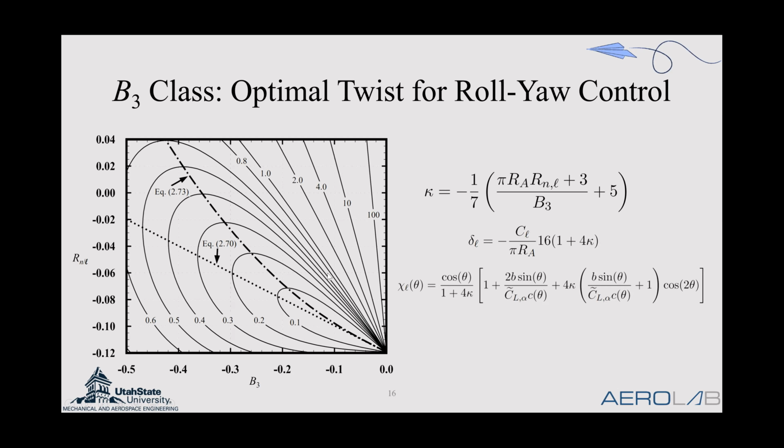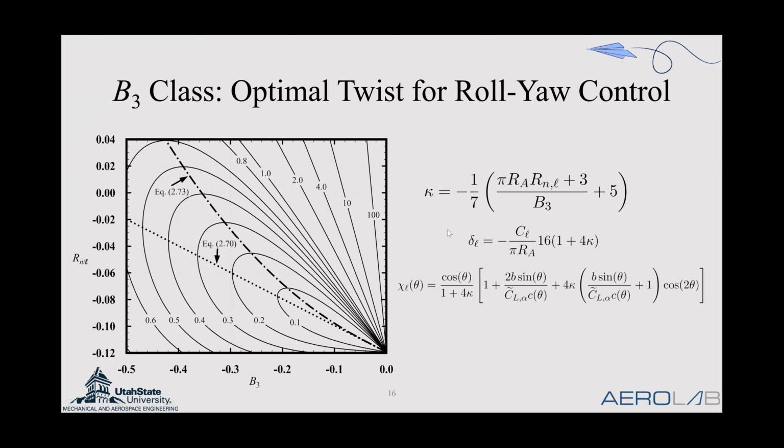Oh, and one thing I should note, and a very important finding of this analytic work, is that if you're operating at a B3 value of 0, which means the symmetric component of your lift is elliptic, there is no anti-symmetric twist distribution you can come up with that will control roll yaw coupling.